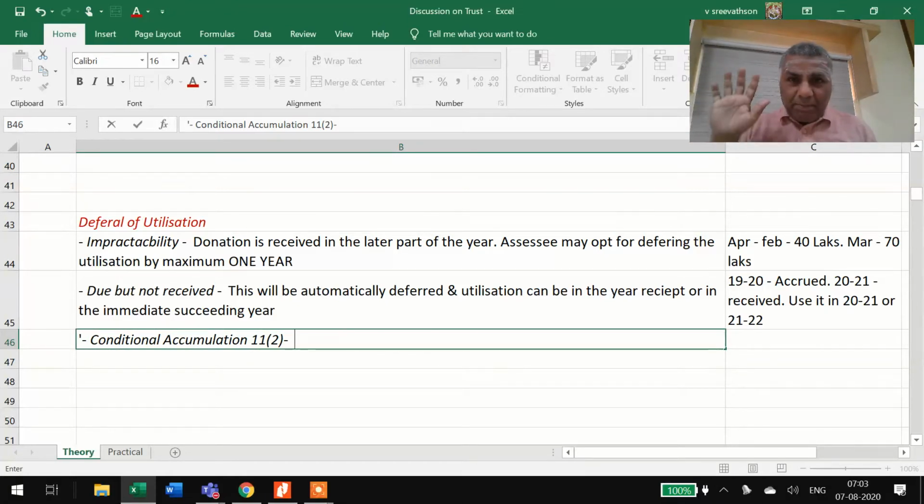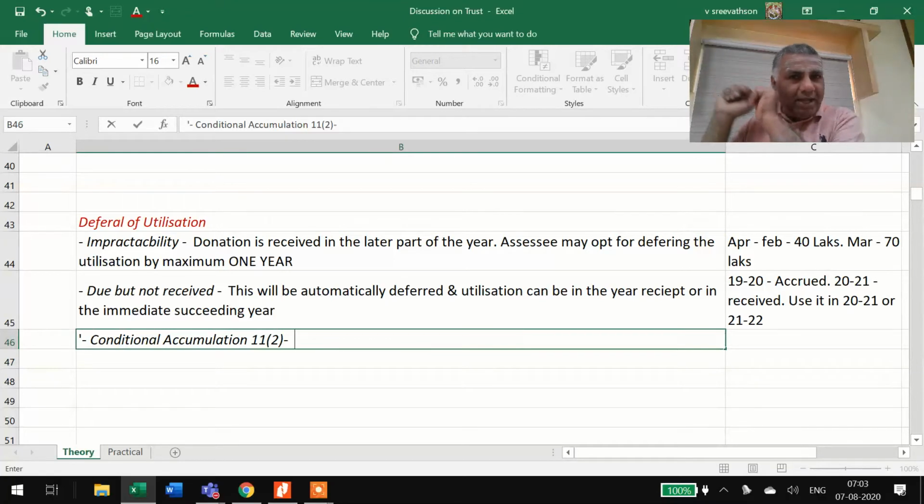The maximum period is only 5 years. Within such period you can accumulate it and buy it, but the maximum period is restricted to 5 years. So the condition imposed by the commissioner is that you should use it only for this purpose, within a maximum period. If they say 2 years, 3 years, it cannot exceed 5 years.